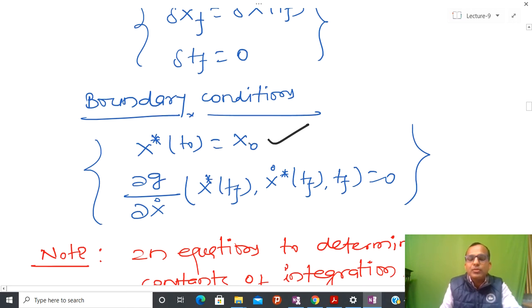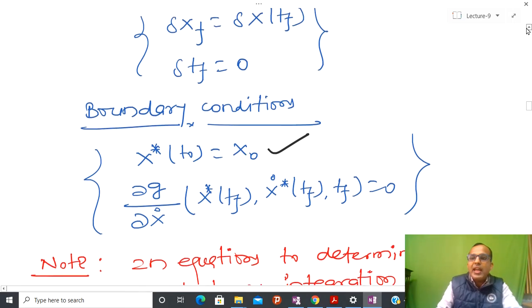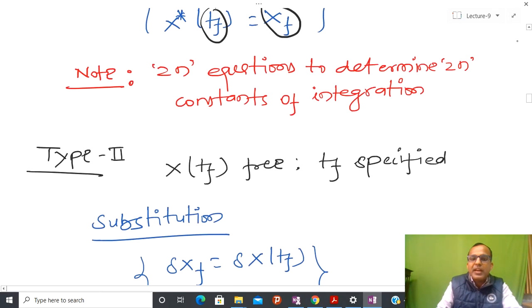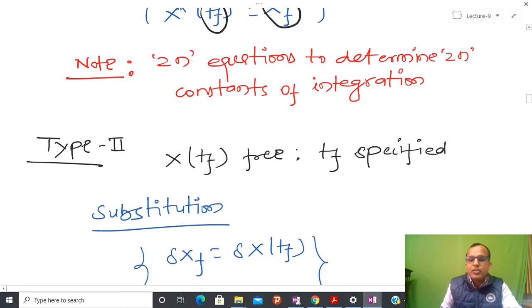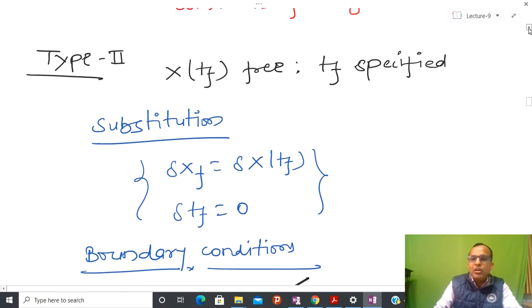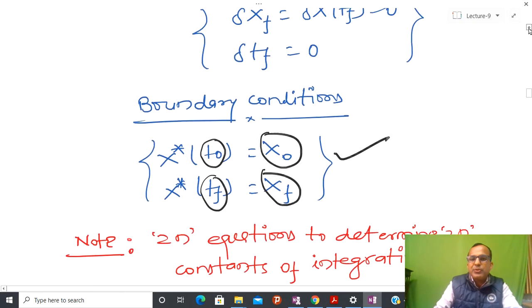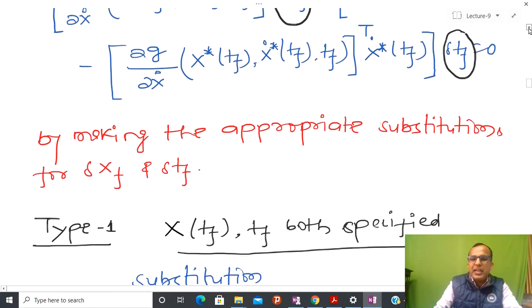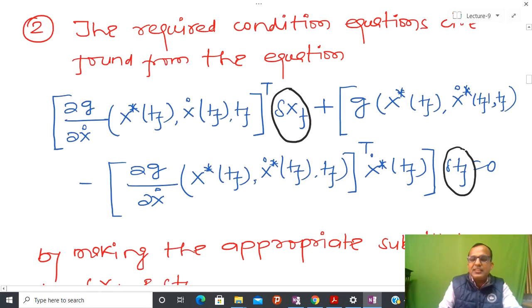In order to get the second set of boundary conditions, I have to take help of this particular observation: delta xf is arbitrary, and delta tf equals 0. So now let us come to here and see, because I have told you that this is the generalized expression for the variation whenever we are assuming that the initial time and initial state are fixed.